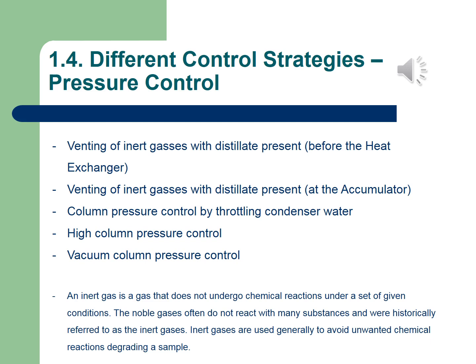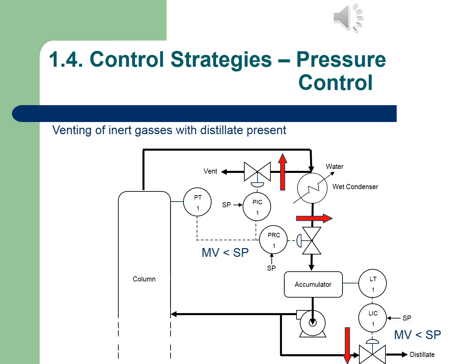So we don't want this to be part of our final product or the top product. Okay, so if we have an inert gas, say for instance, present in our column, it means that somehow we need to vent it because it can actually have an upset in the pressure.